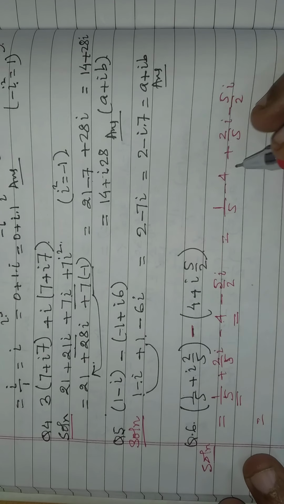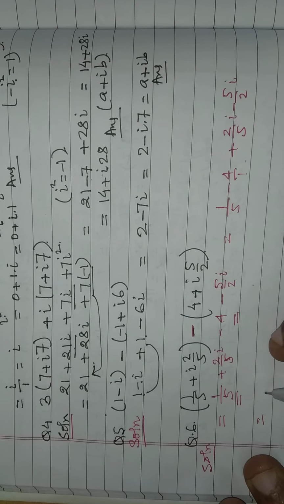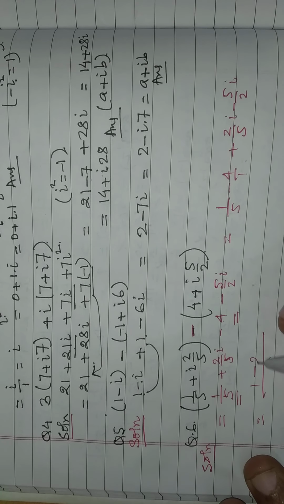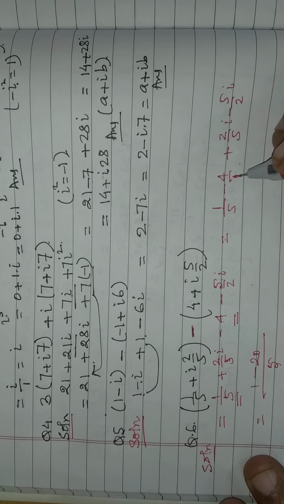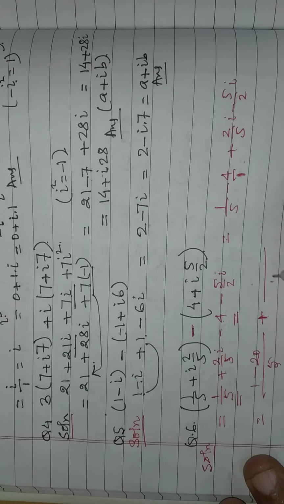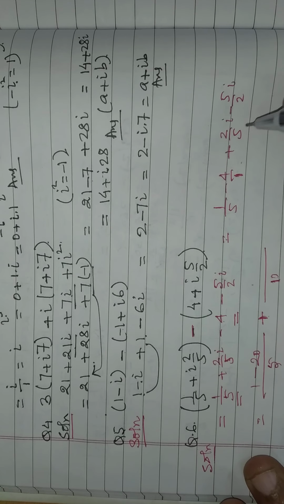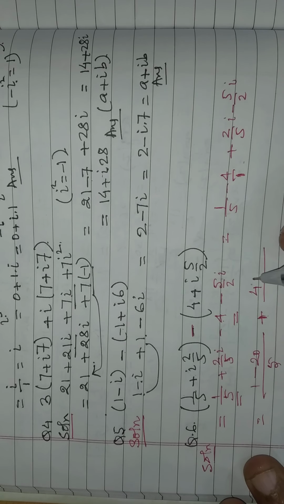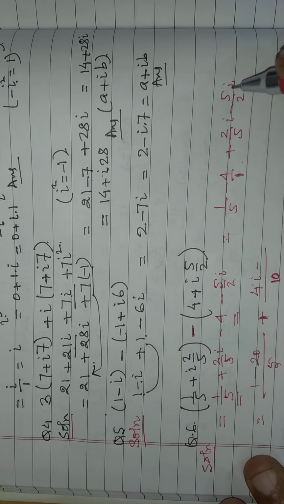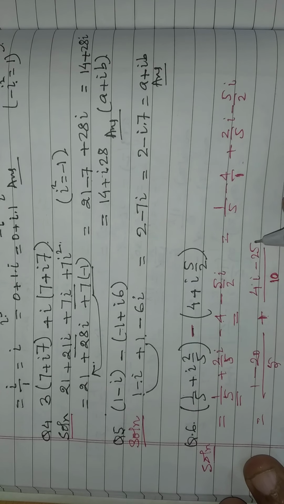Now here in the denominator there is 5, so it is 5 minus 20. We have taken the LCM, simple, and now it is 10. 2 times 2 is 4i minus, here it is divided by 2, so 5 times 5 is 25, so i.